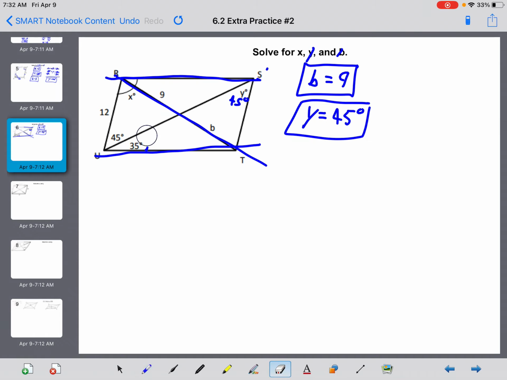So in terms of consecutive angles here, we have 45. This is going to be a 35 degree, which makes angle B 45 degrees.